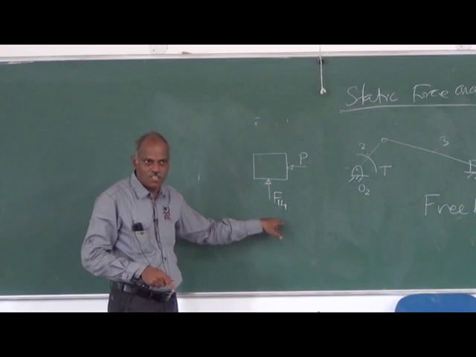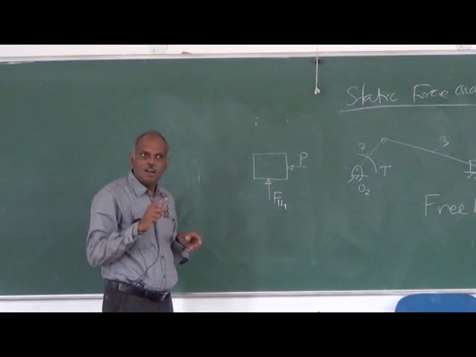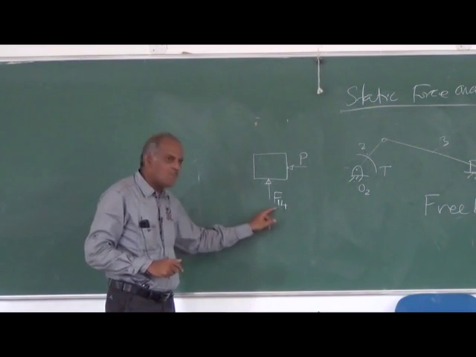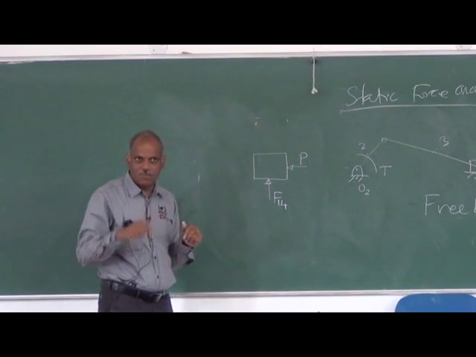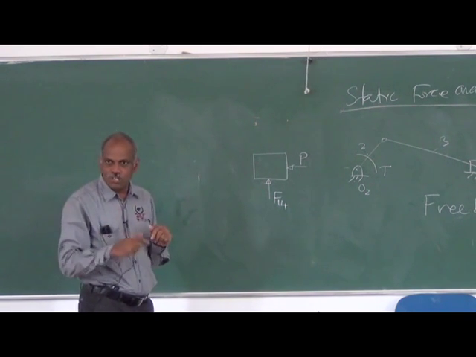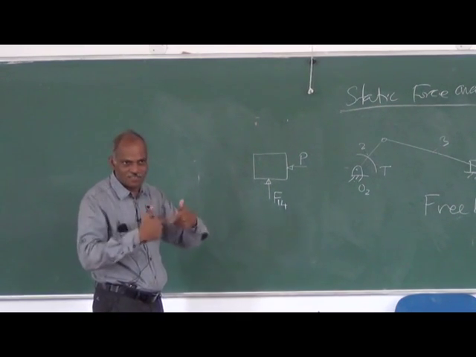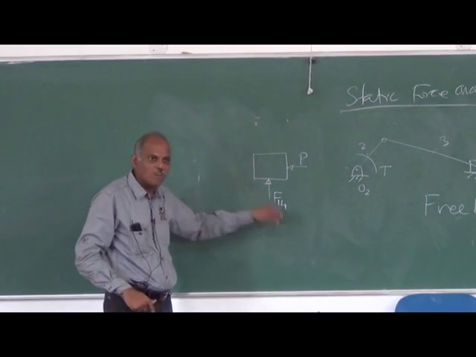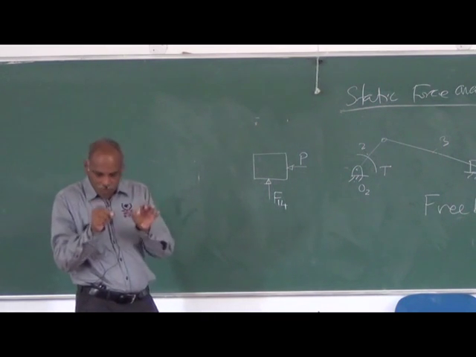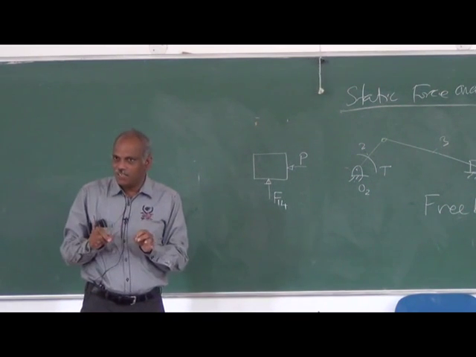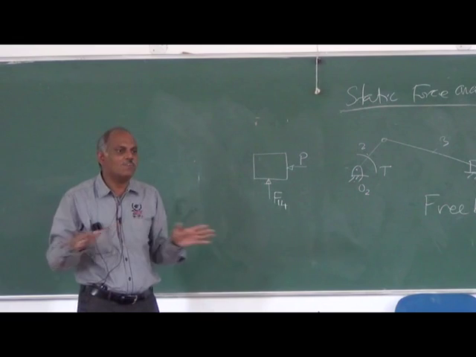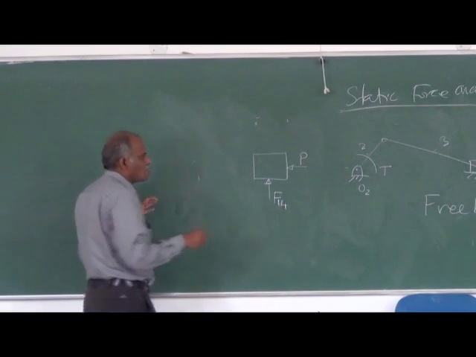That is the meaning of this notation. If I reverse it, F41 means the force applied by body 4 on body 1. That is the reaction. This notation is followed by Martin, and we will also follow that. It is very convenient.